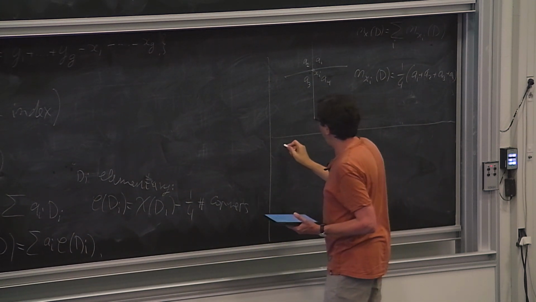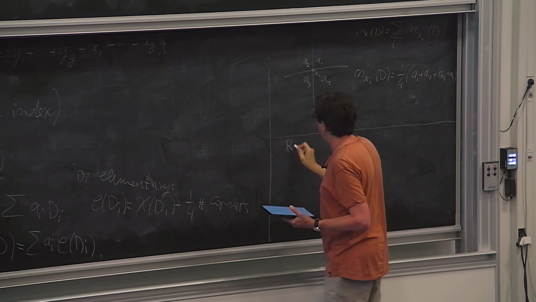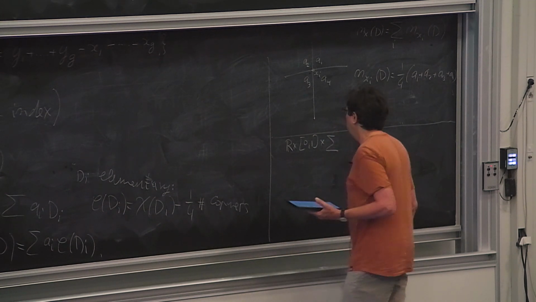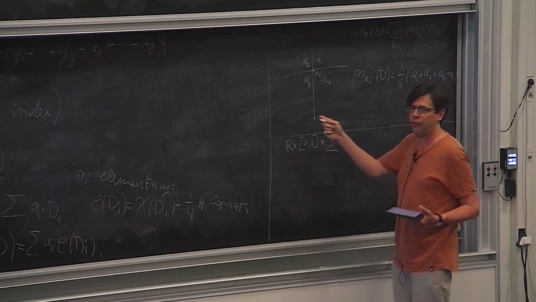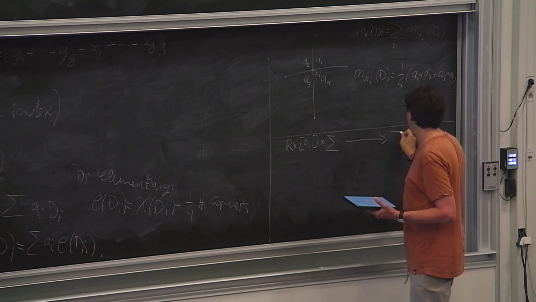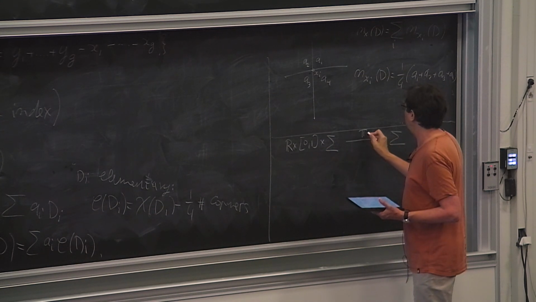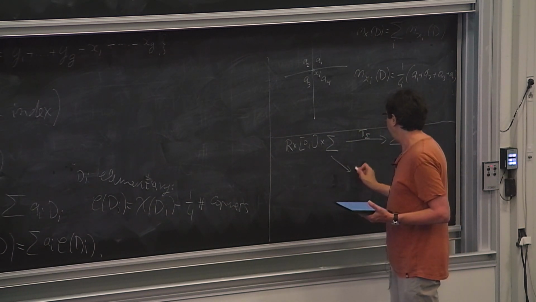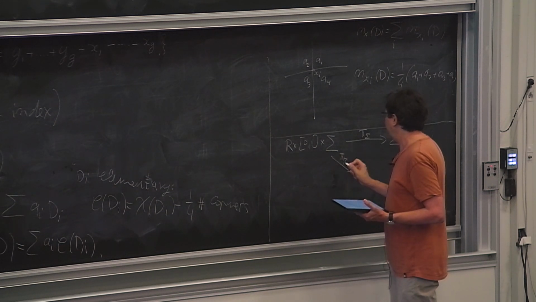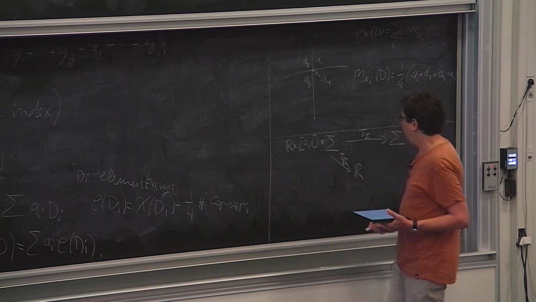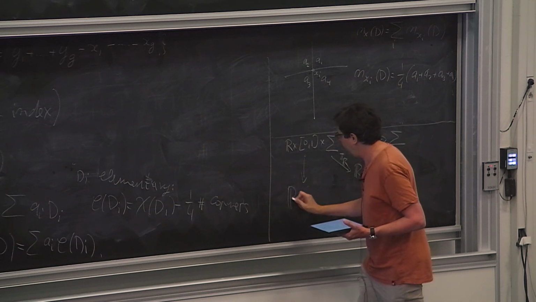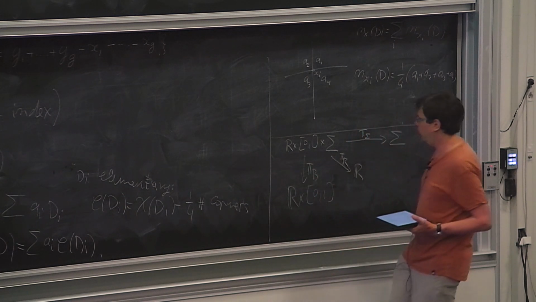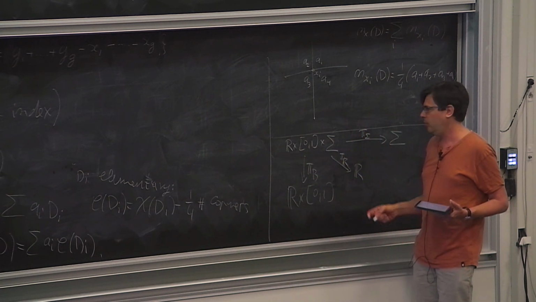We will have several projections from this space. We will have a projection to Sigma that we will call P_Sigma. We will have a projection to R that we will call P_R. And we will also have a projection to R times [0,1], which we'll call P_B, where B is as base.